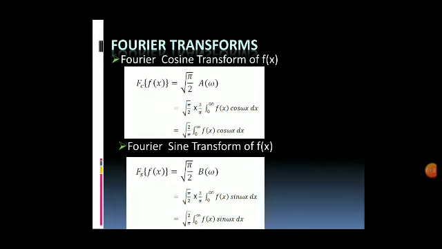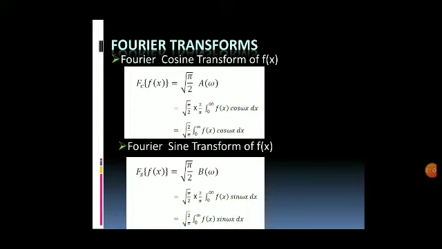Fourier cosine transform is denoted by Fc of f of x, which is defined as root of pi by 2 A omega. Now we are familiar with the notation A omega. We have studied it in Fourier integrals. The same formula comes here. So this will become root of pi by 2 into 2 by pi, integral 0 to infinity f of x cos omega x dx.